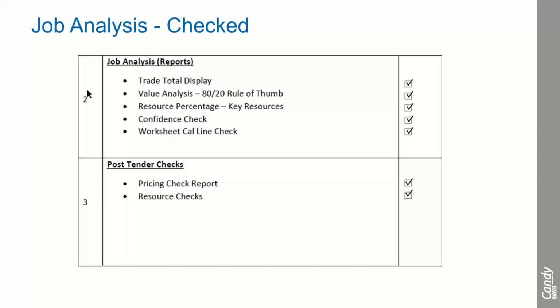So with all the analysis observed, the site can now make meaningful decisions and can also be aware of any critical information that needs to be managed with proper control, such as the high value items, the 80-20 rule of thumb, 20% of the bill items which carry 80% of the contract value, and also identify all the key resources in the job.